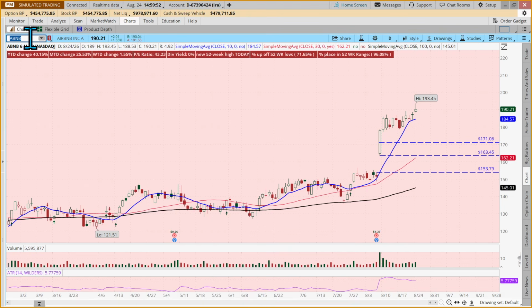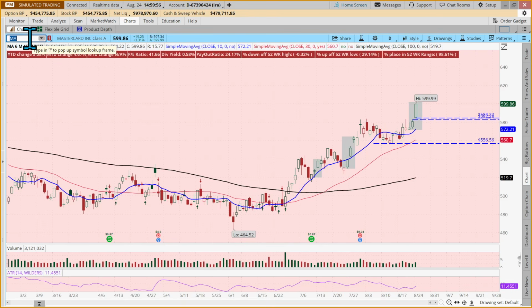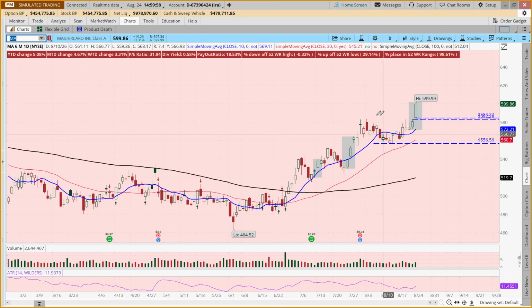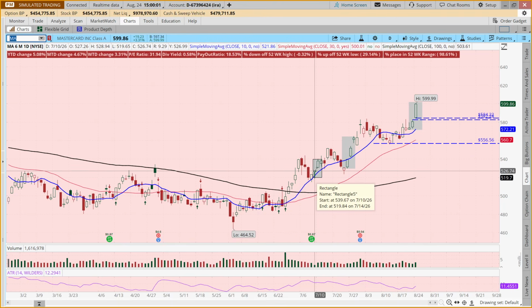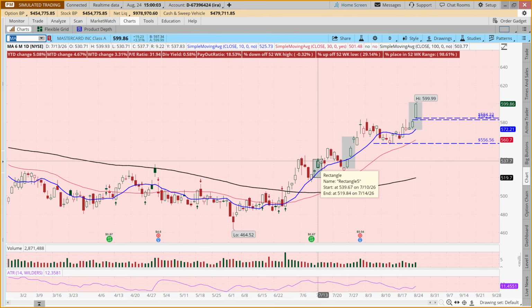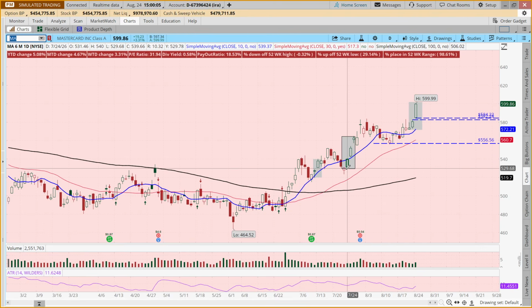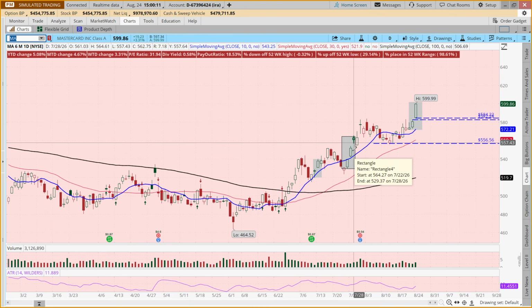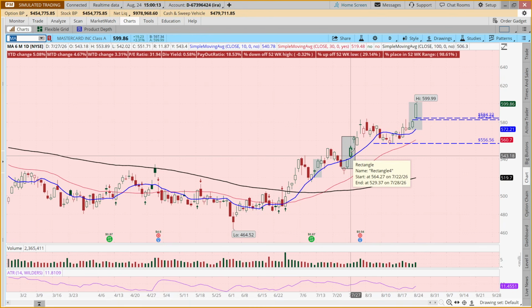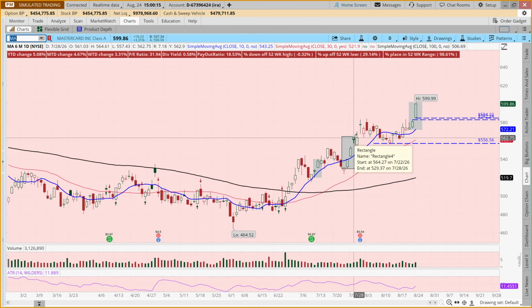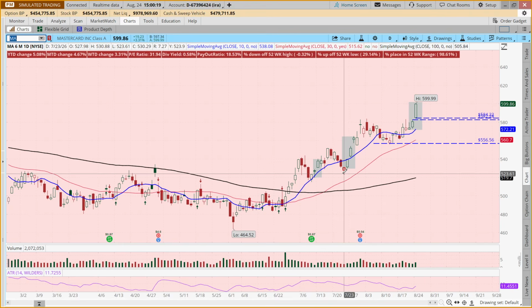Let's look at another example. Microsoft is another candidate, and Mastercard as well. When we look at Mastercard, we've seen a series of gaps. We had a gap back in the middle of July, and then this stock gapped up between Friday the 24th and Monday, and then it gapped again. This is considered very bullish.